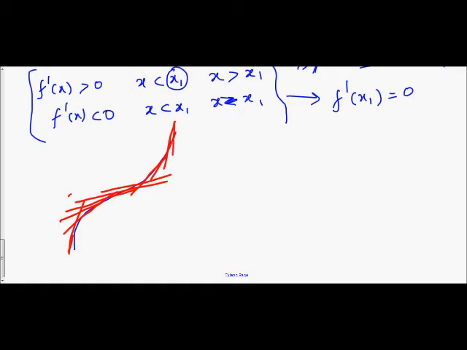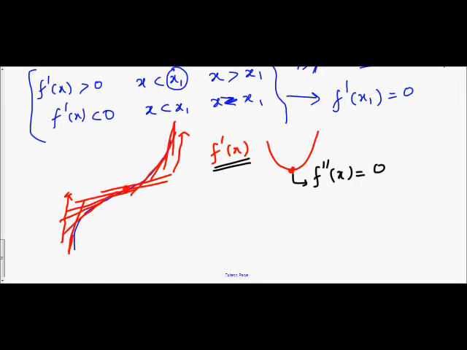Therefore f dash x is actually decreasing and then increasing, which means f dash x has a minimum at the point where there is a point of inflection in the curve. So at this point, the derivative of f dash of x will be equal to 0.